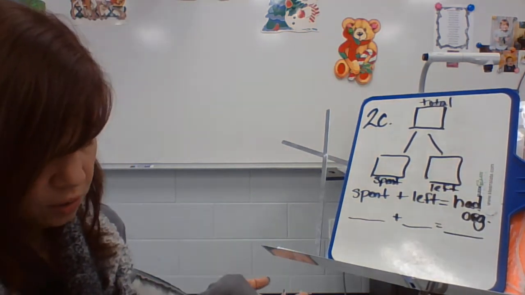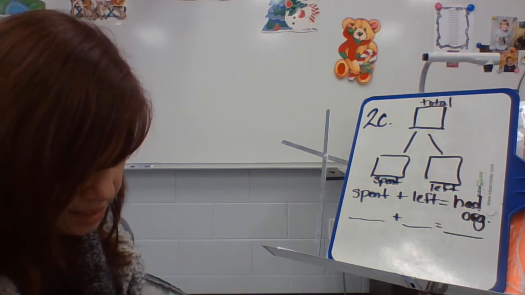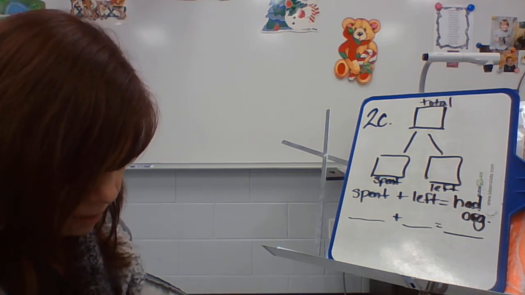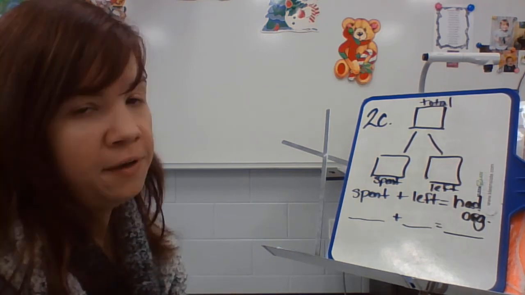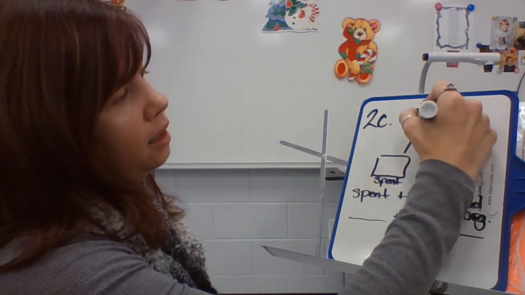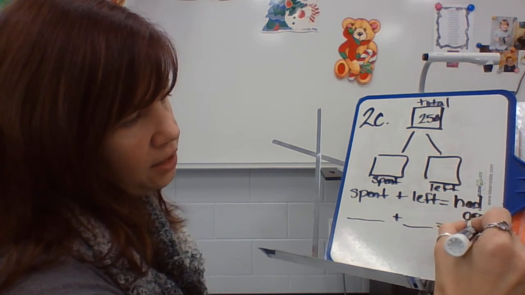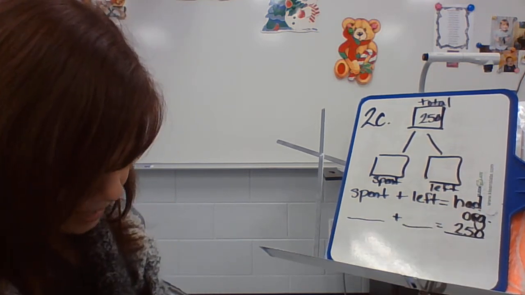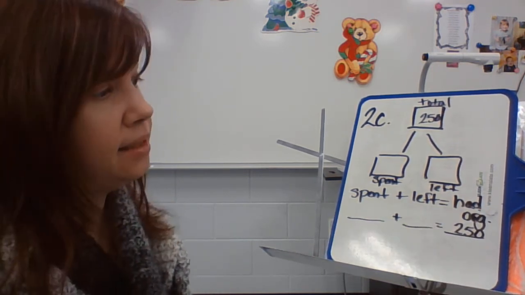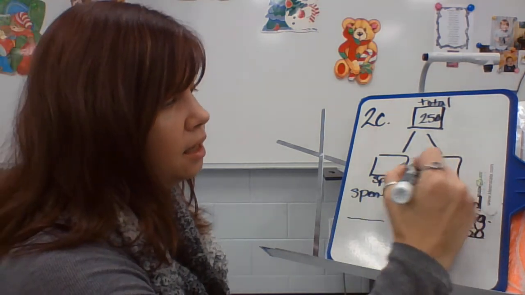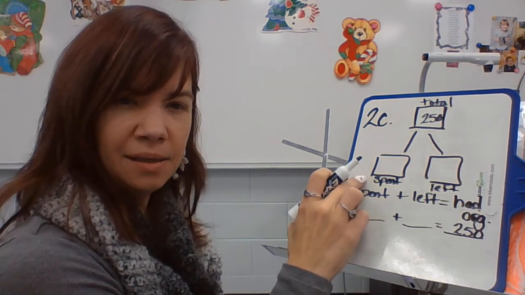Okay, so this is the spent, and this is what she has left. Okay, mom had 250 and came back with 78. How much did she spend? Well, if she had 250, that's how much she started with. She left the house with $250. She came back with 78. So is 78 what she spent?